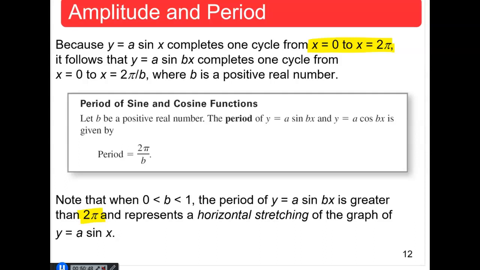Now, whenever we do have a number, and remember we were using A, B, C, so B determines the period, and more specifically, it's going to be the ratio of 2 pi over B. And we will see some examples. And then just as a review again, the A represents the amplitude. Don't forget that.